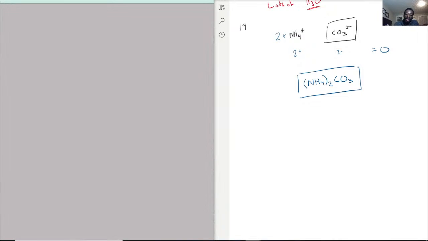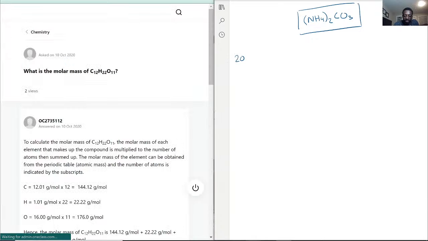Okay, now number 20. What is the molar mass of C12H22O11? Now I picked this question because it really is just solving like every other question we've solved, but it's just quite big.